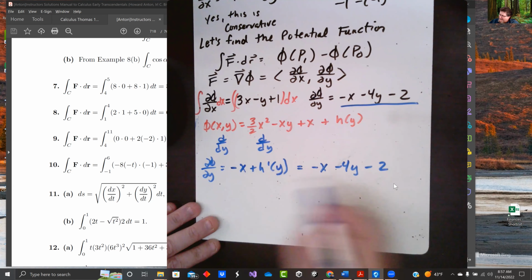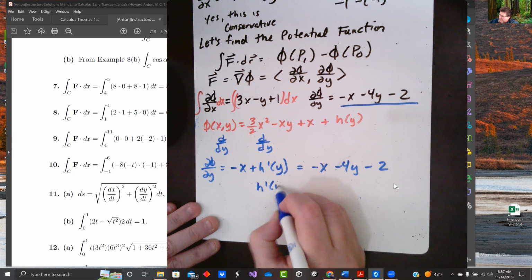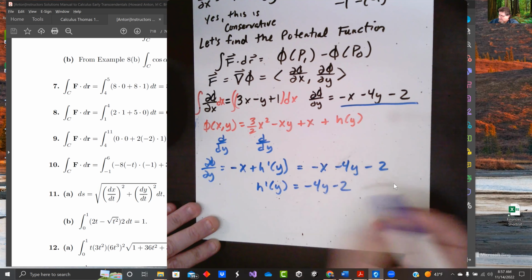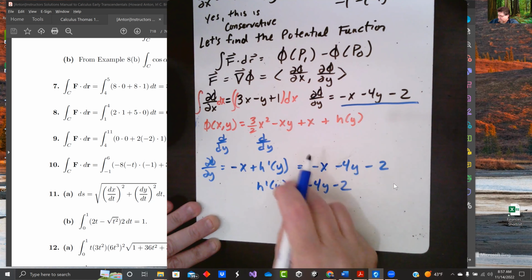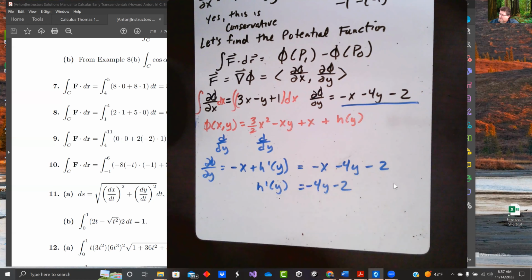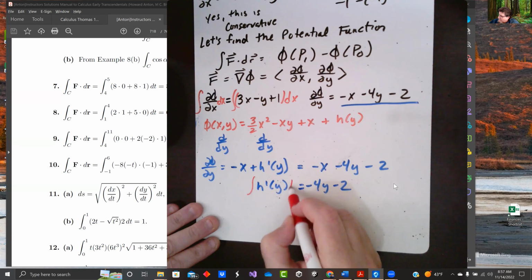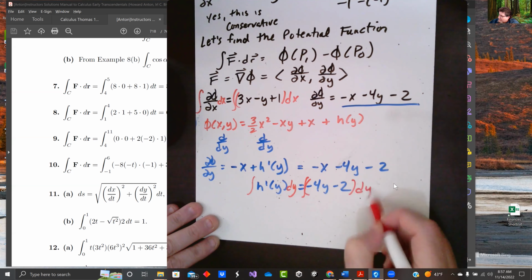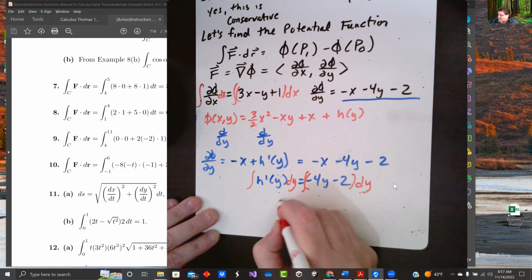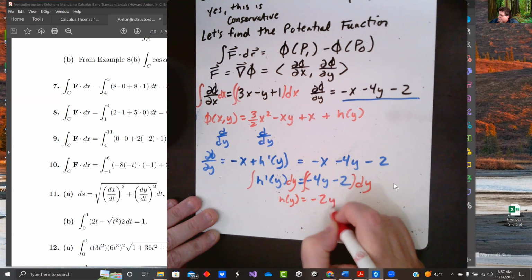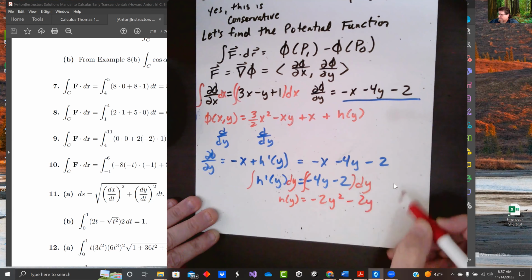Which means if I add negative x to both sides, I have h prime of y equals negative 4y minus 2. And if I integrate this with respect to dy, I should get h: negative 2y squared minus 2y.